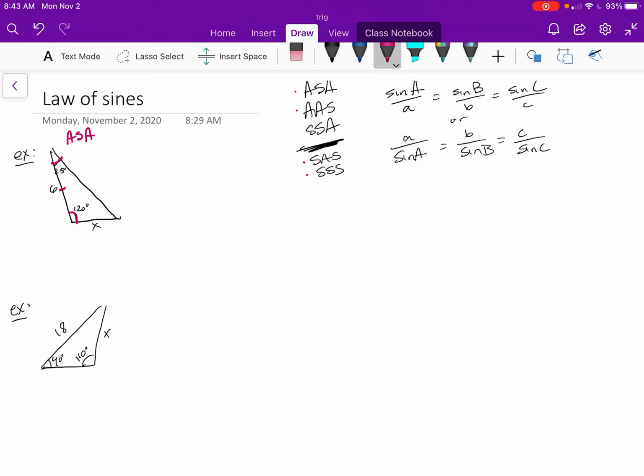If we look at the bottom one, in order, we have side, angle, angle, or we usually refer to that as angle, angle, side, although those are the same. So that's the first two. Both of those are used. If we have that relationship, we use law of sines.